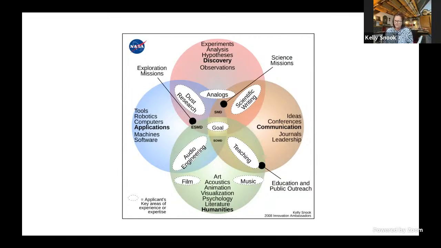And oh my goodness, this was another big breakthrough for me, because I finally plotted everything, not just the things I thought NASA would think about, but all the things I cared about in one plot, and just said to them, that is my goal, right in the middle, where art and ideas and philosophy and experiments and science and technology all overlap. That's where I want to be. So they let me go to the Media Lab, which was really great. And that was, of course, a life-changing place for me.